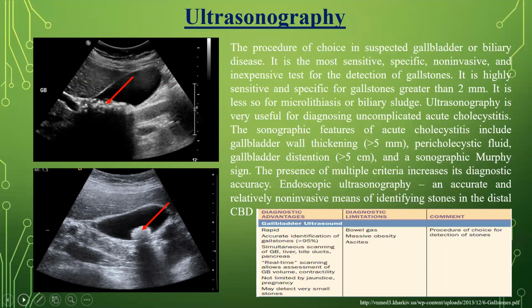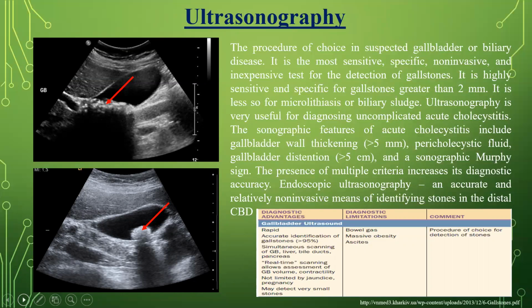Very useful for diagnosing uncomplicated acute cholecystitis. Features of acute cholecystitis include gallbladder wall thickening of more than 5 mm, pericholecystic fluid, gallbladder distension, and sonographic Murphy sign. The presence of multiple criteria increases diagnostic accuracy.